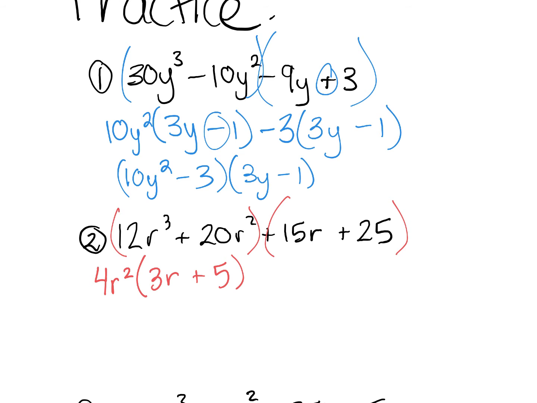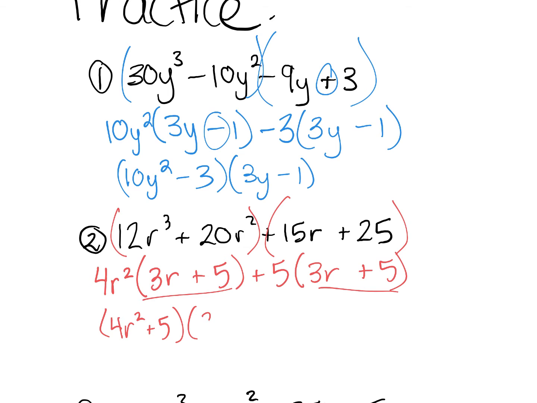My second group, 15 and 25, are both divisible by 5. So I'm left with 3r plus 5 again. Remember, you want these to match. If they don't match, then that means you need to either take out a bigger number or take a negative sign out of your second one. All right, so then we have 4r squared plus 5, forming our first set of parentheses, and then just dropping down one of the other ones.